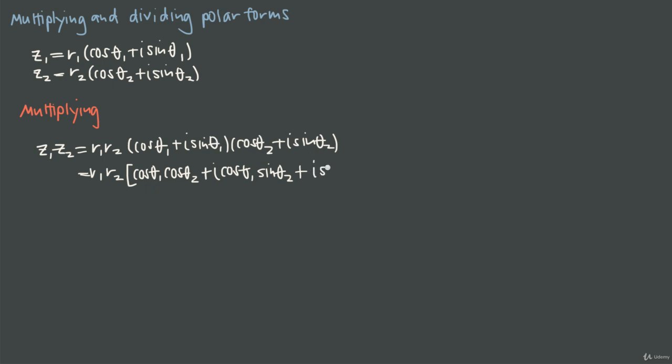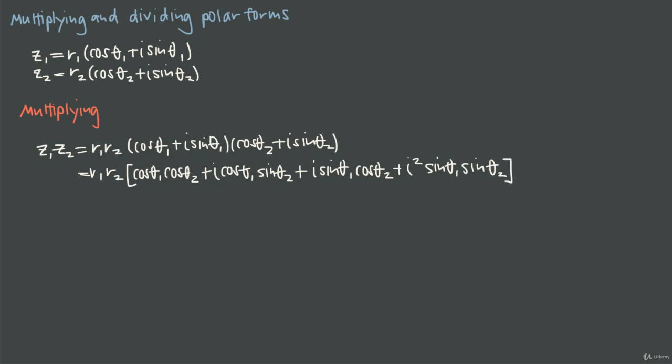So i sine theta 1, cosine theta 2, and then the last terms, i sine theta 1 and i sine theta 2. When I multiply the i's together, I'm going to get i squared, and then I'll have sine of theta 1 and sine of theta 2. And this is the product of these two complex numbers.